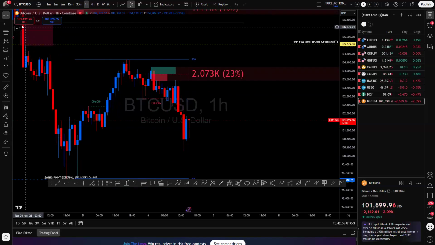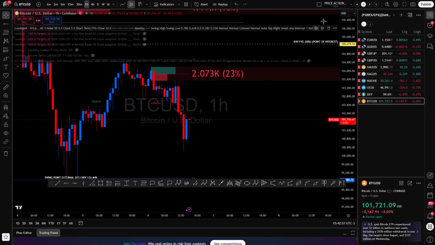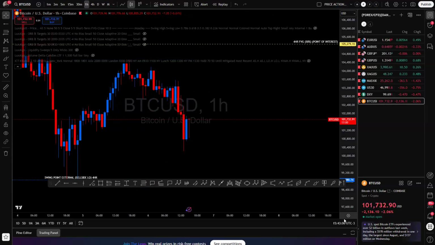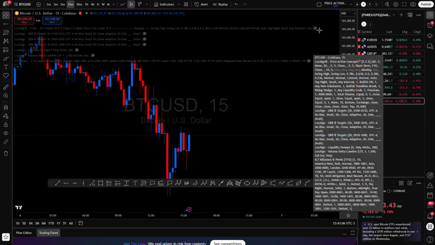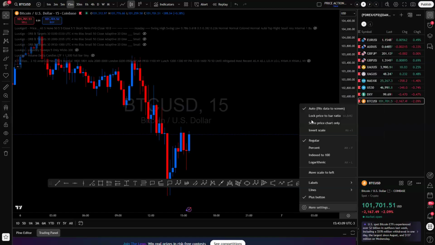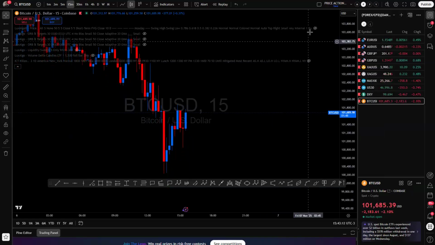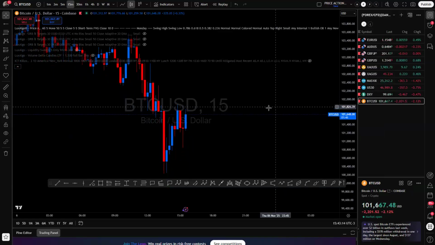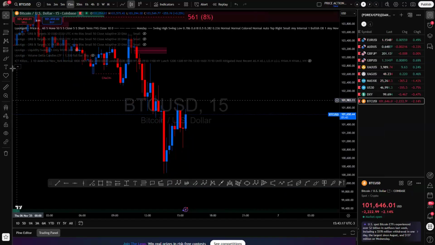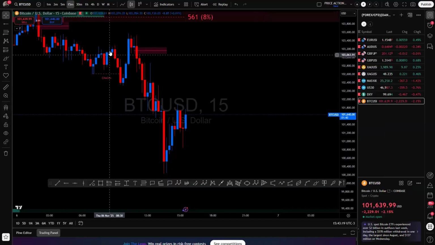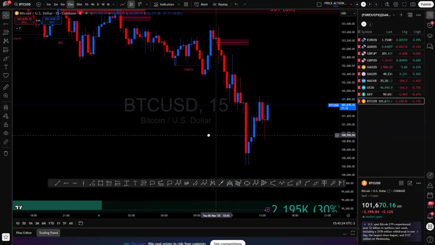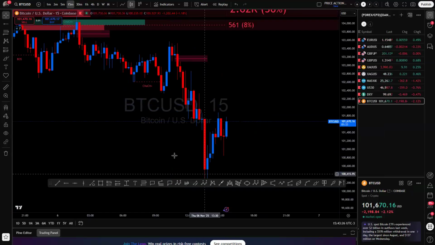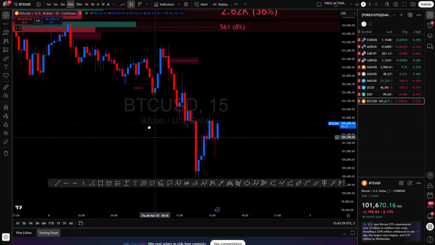So let's go to the 15-minute and see where we're at. All right, so now it looks like we have a little bit more clarity. And now we have our 15-minute fair value gap here. It looks like we had a sweep here, so price did its distribution of the bears here, and we're still overall bearish.